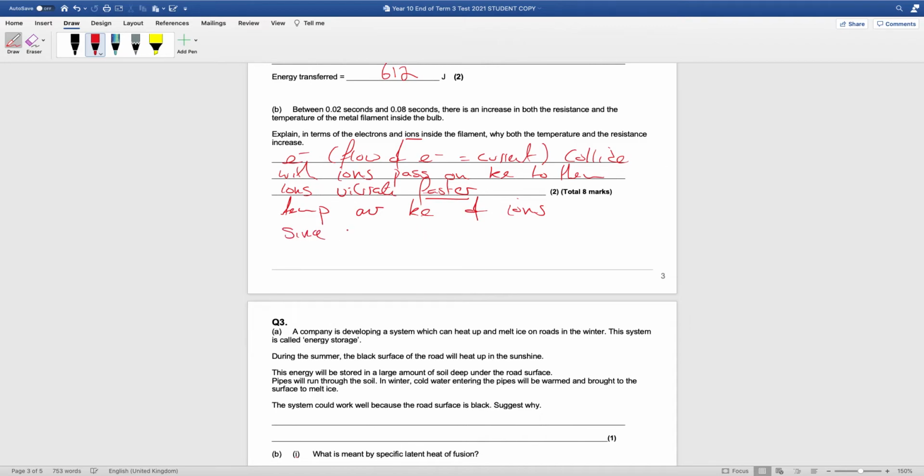And since the ions vibrate faster, more, bigger amplitude, the electrons collide with them more. Which leads to an increase in resistance.